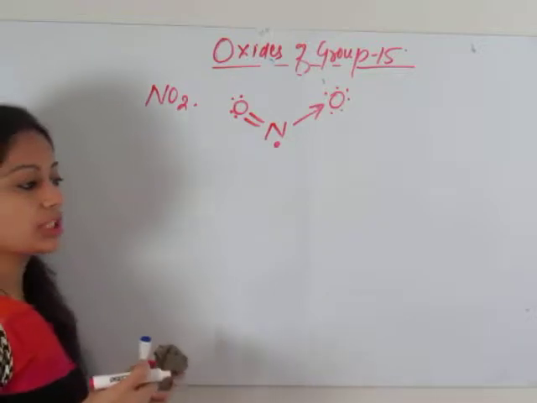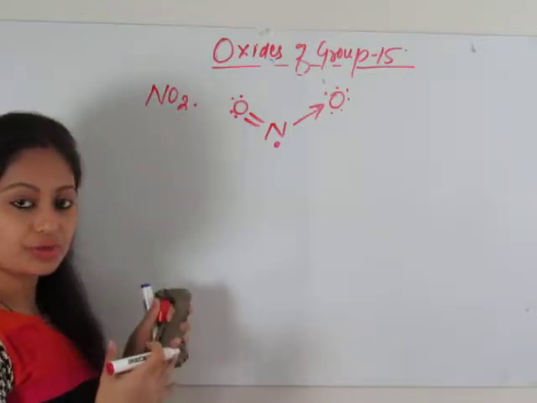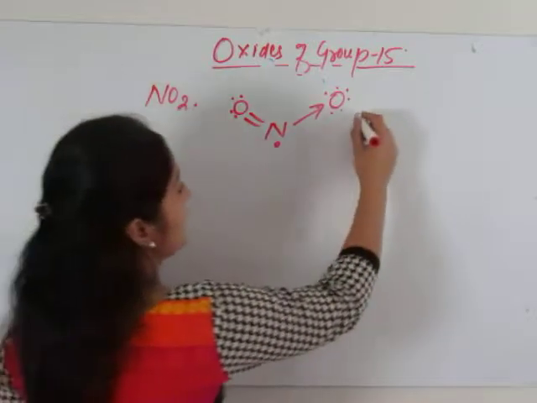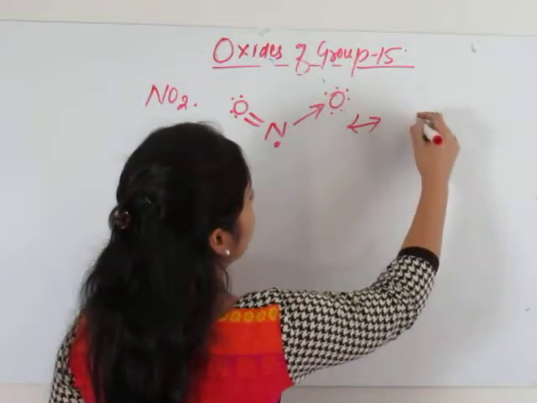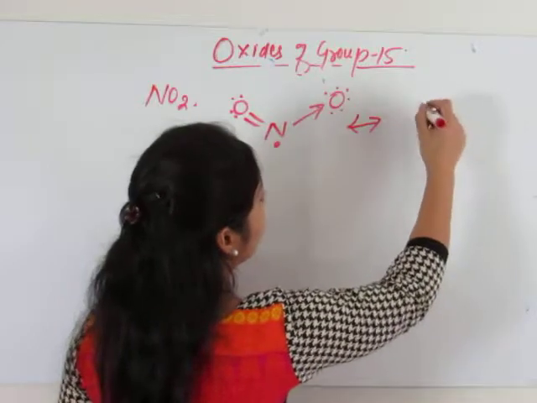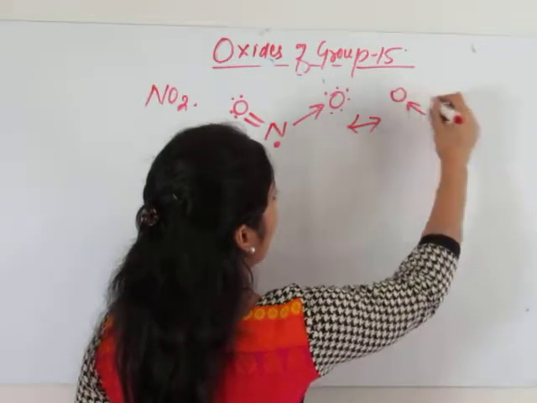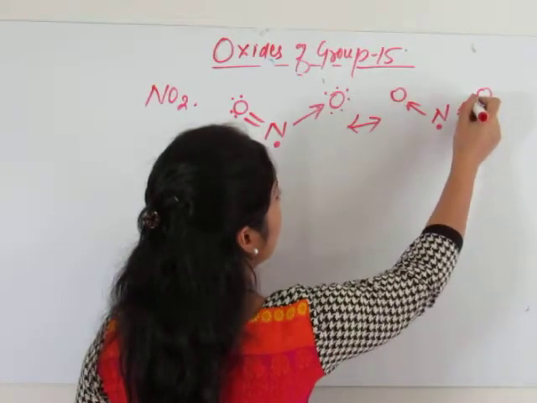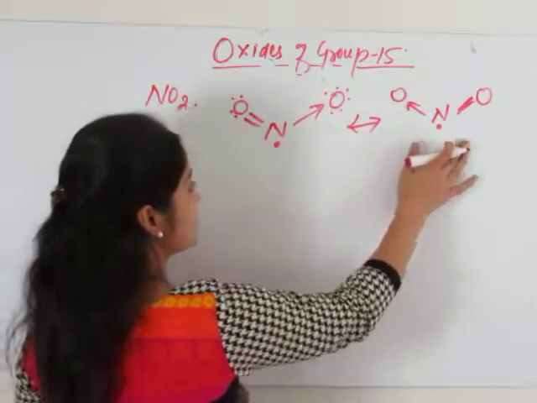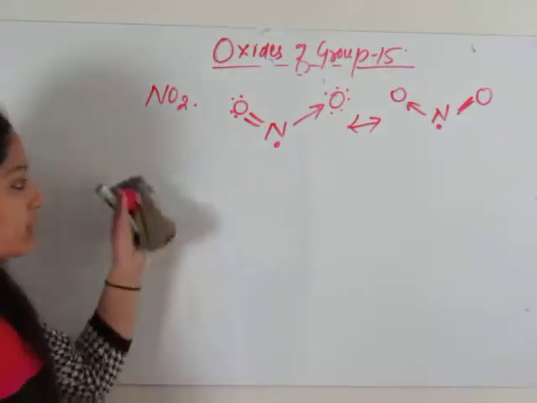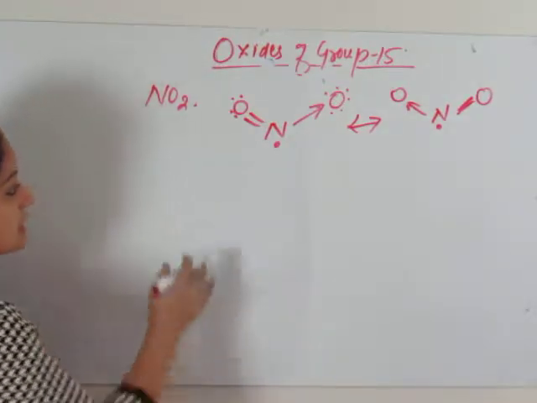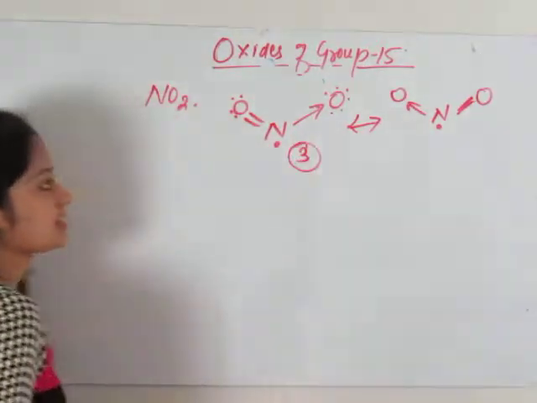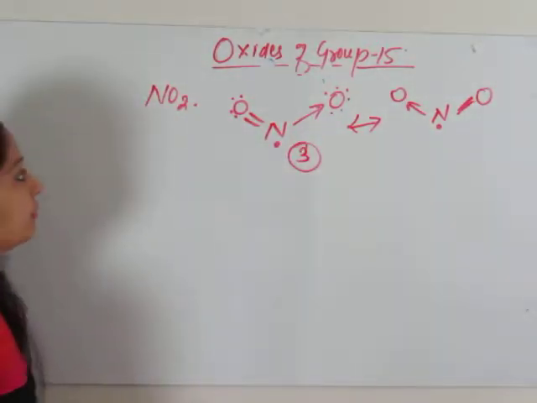So question आपको पूछा जा सकता है, draw the structure for nitrogen dioxide and its resonating structures. Resonating structure बनाने के लिए आप what you will do, कोई एक bond opposite कर दीजिए. इस केस में तो दोनों ही हो जाएंगे. So this is the resonating structure for nitrogen dioxide and covalency इसमें क्या रहेगी? Your covalency is 3 in this case because 3 bonds are formed.